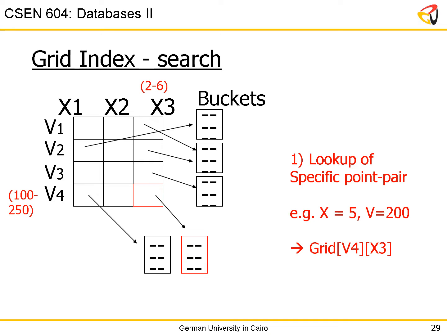Now about performance here, I will do binary search on the ranges in memory because the grid is actually in memory. The grid itself is in memory, this 2D array I'm referring to. So that's going to be log n, and I'm going to do it twice, on X and on V, so it's going to be 2 log n. Then I load the red page, or the bucket that is highlighted in red here.